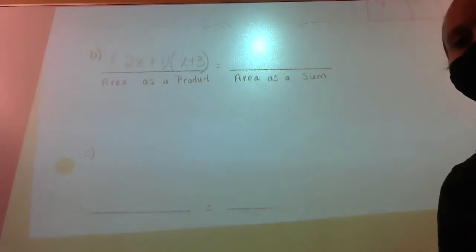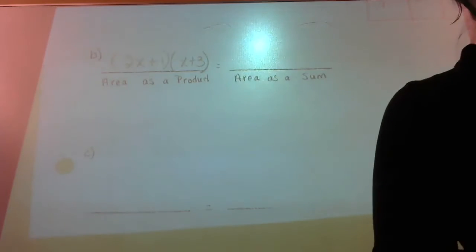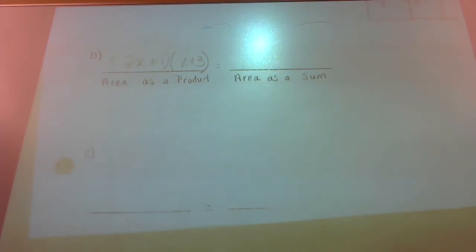It has a base of 2x + 1 and a height of x + 3. Can you create, first of all, can you create it? And then draw it. And then tell me what is going to be the area as a sum.